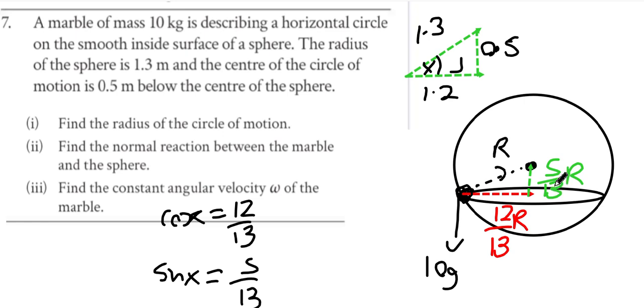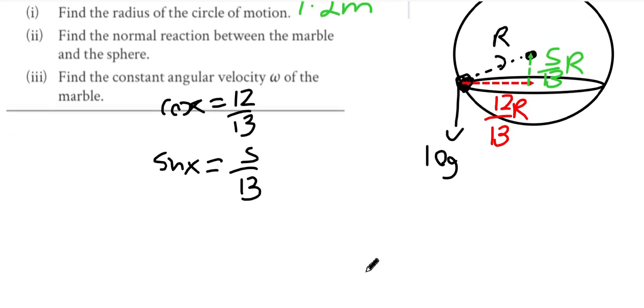So your job now is to find the radius. We already did that, didn't we? What's the radius? 1.2 meters. Okay, so we did up versus down. 5 over 13 R against equals 10g.